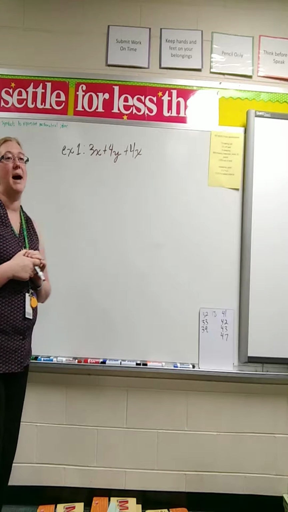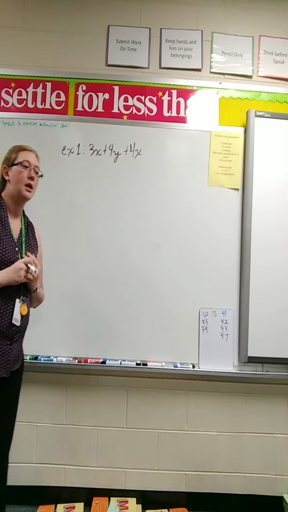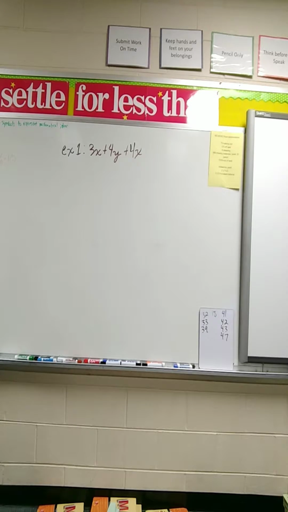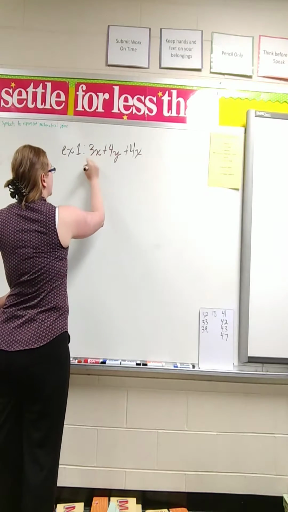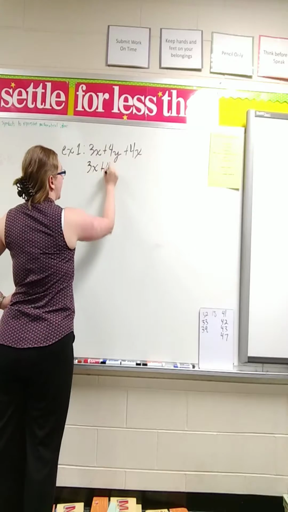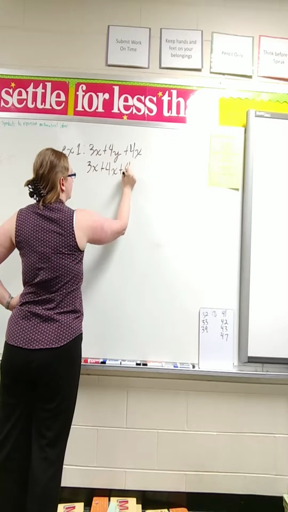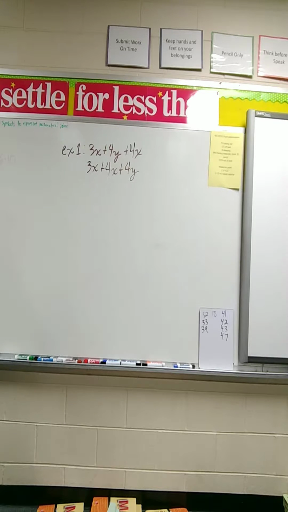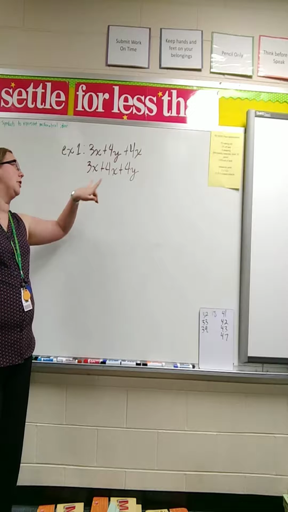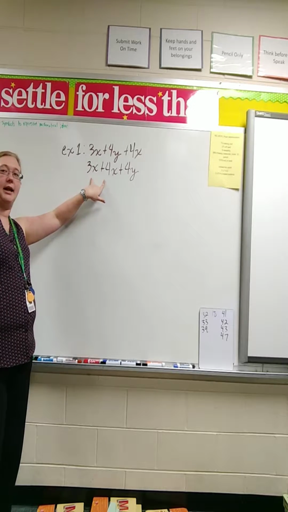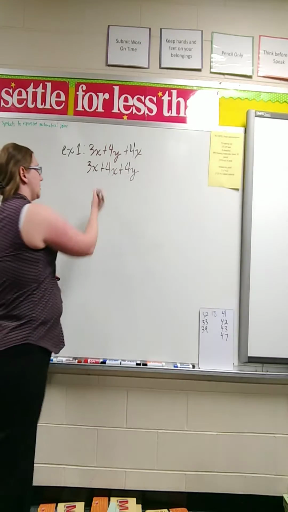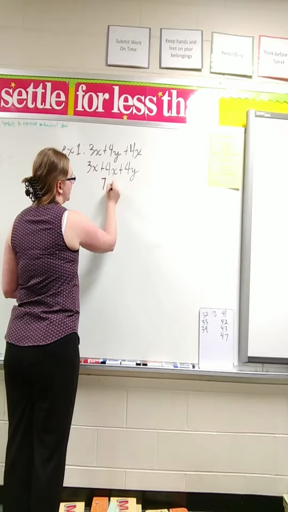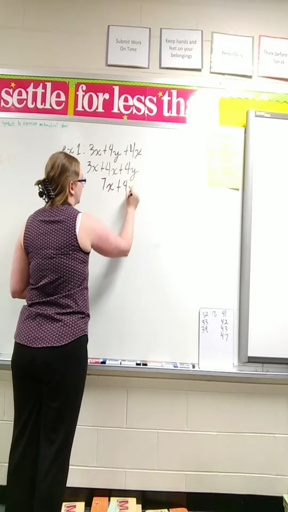I'm going to combine these by using first my commutative property, which says that I can take 3x plus 4x plus 4y, rewriting my problem so that my like terms are next to each other. 3x plus 4x, I add the coefficients, which are the numbers in front, and I get 7. What's my variable? Plus 4y.